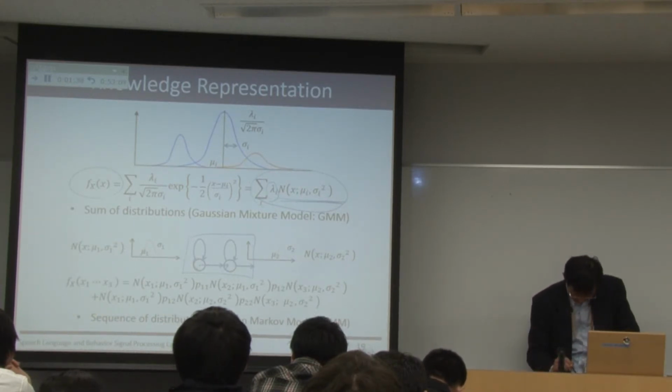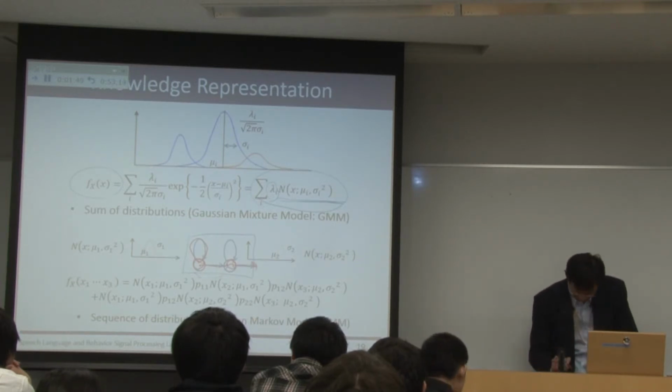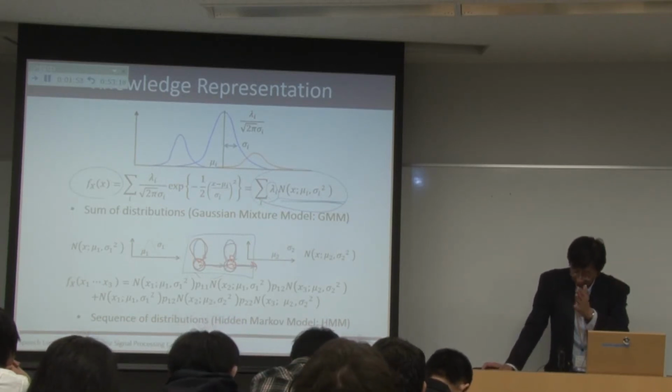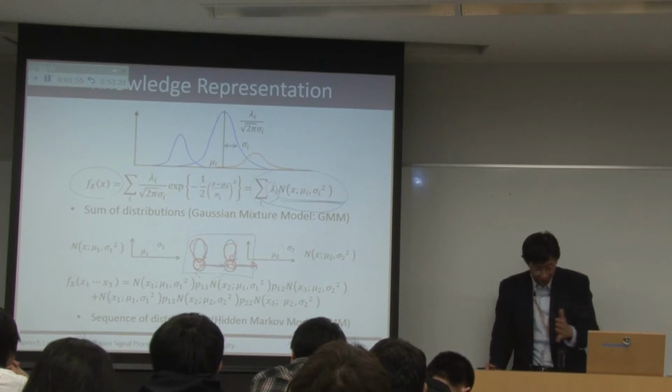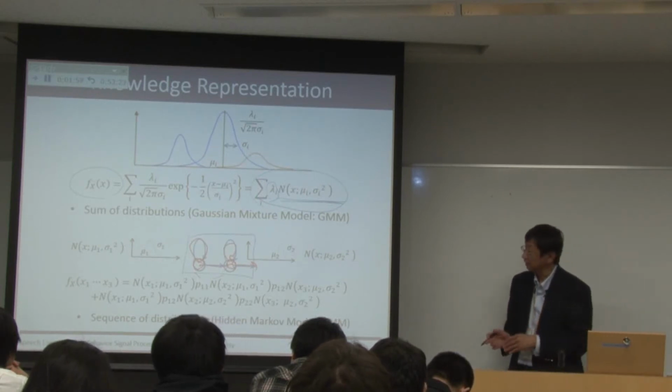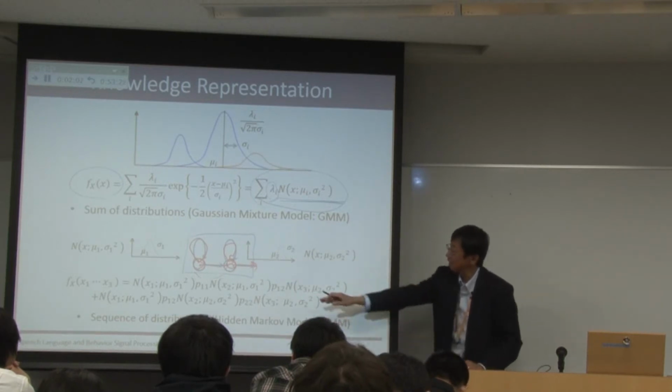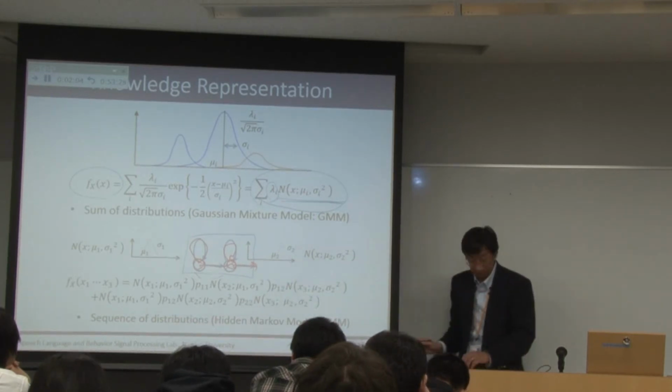After this state, you can only be here or here. After this state, you cannot go back to this state, but only to the right state, or stay in the same state. So this kind of time sequence can be characterized by several states, and each state has a data distribution.